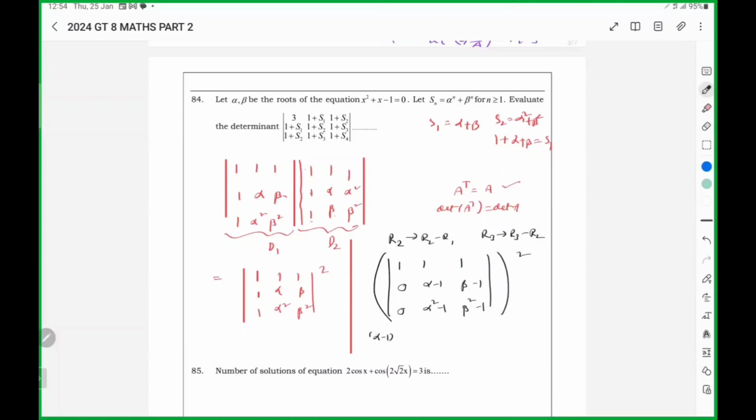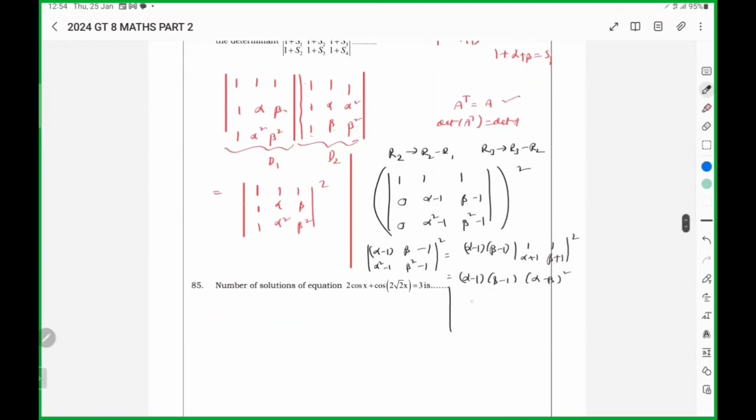So alpha minus 1, beta minus 1, alpha square minus 1 whole square. Alpha minus 1, beta minus 1, if you take common, 1, beta plus 1 whole square. Alpha minus beta whole square.